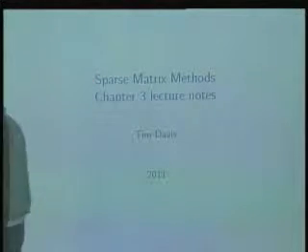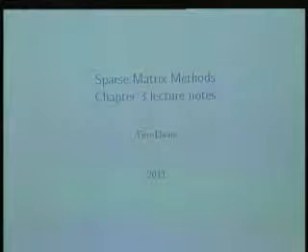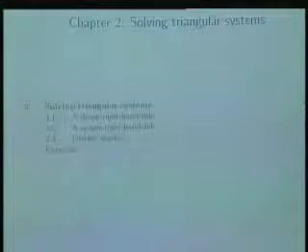Now in chapter 3 we're going to look at solving triangular systems, which may seem backwards. Why are we interested in solving triangular systems when we don't have them yet?